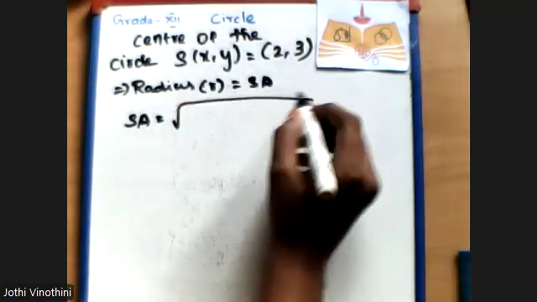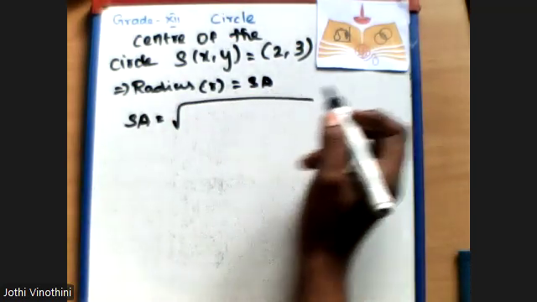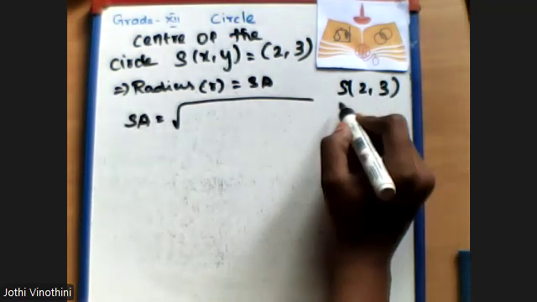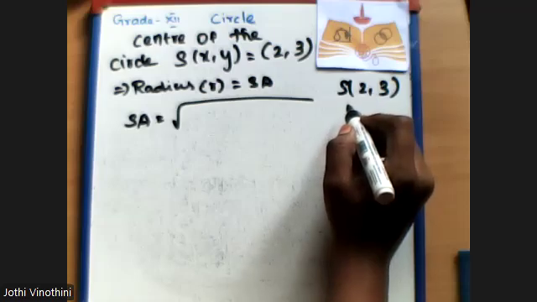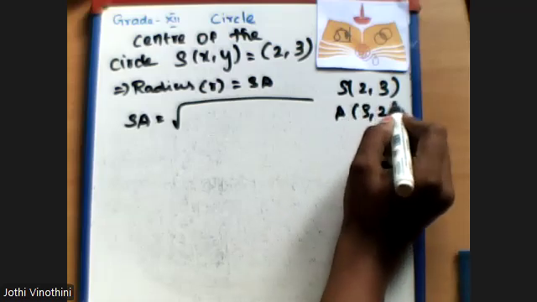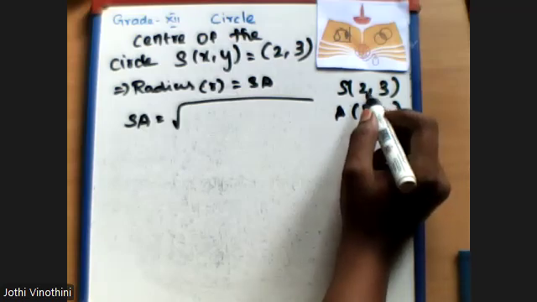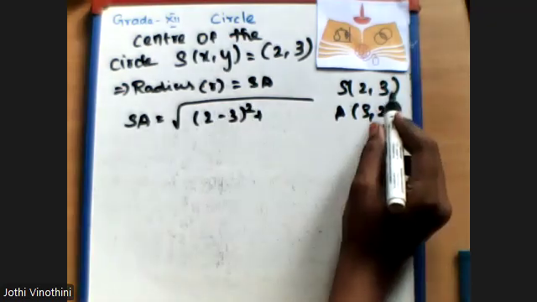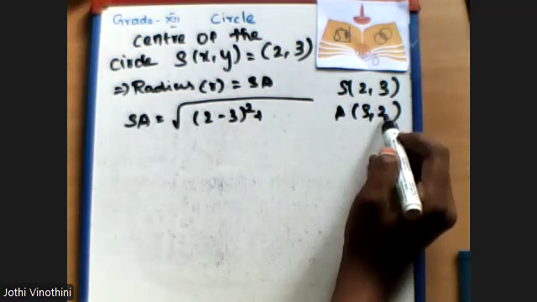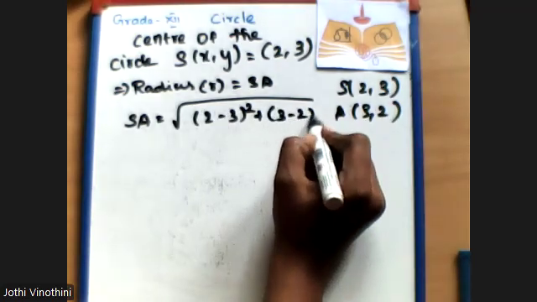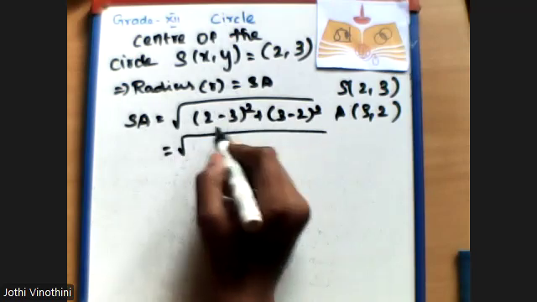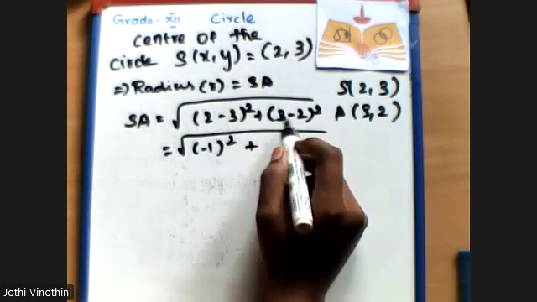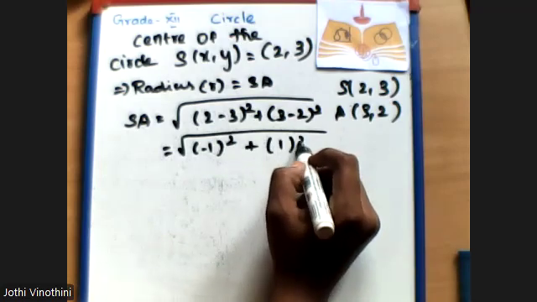SA equals square root of (x1 minus x2) the whole square plus (y1 minus y2) the whole square. So I'm going to take S as 2 comma 3 and A as 3 comma 2, right? 2 minus 3 the whole square plus 3 minus 2 the whole square. 2 minus 3 will be minus 1, the whole square, plus 3 minus 2 will be 1, the whole square.